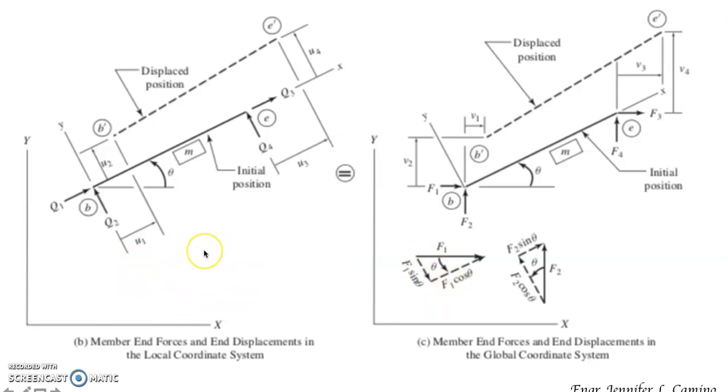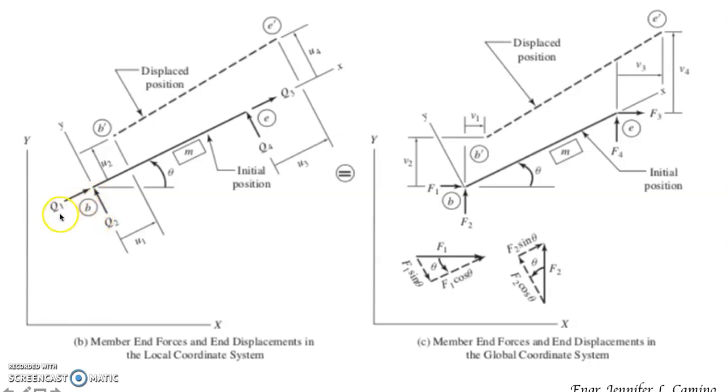For figure B, this is an illustration showing the member end forces and member end displacement in the local coordinate system. Of course, we have isolated our member M from our previous plane truss that we have shown a while ago. So we have illustrated here our member end forces in the local coordinate system.